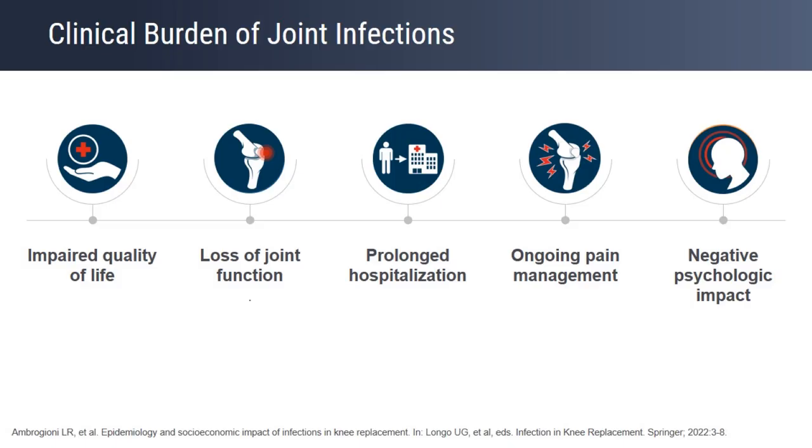The burden of joint infections is high and can be divided, as on this slide, into impaired quality of life, loss of joint function, prolonged hospitalization with its direct and indirect cost, ongoing pain management and the side effects of the drugs, and the negative psychological effect.